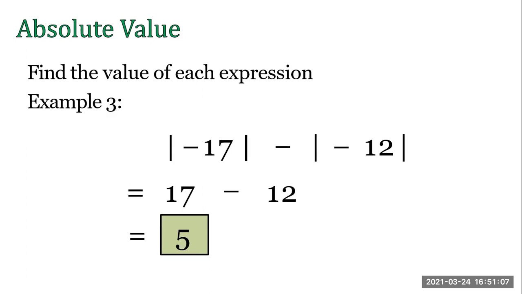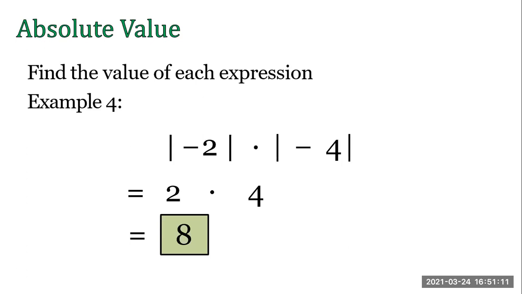So 17 minus 12, that is 5. Next, absolute value of -2 times the absolute value of -4. So the absolute value of -2 is 2 times the absolute value of -4 which is 4. So 2 times 4, that is 8.